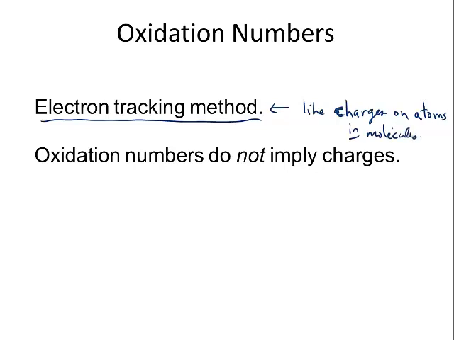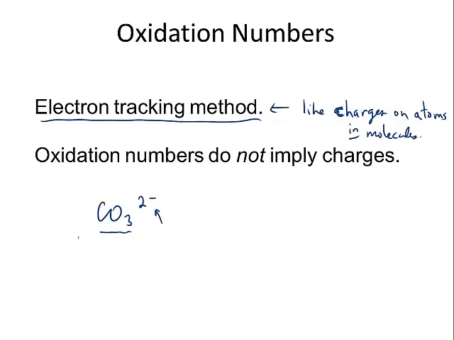So we know that we can have charges on atoms, and we know we can have charges on polyatomic things. Carbonate has a charge of 2-. We can also now have things that are like charges but aren't exactly charges on atoms inside species. So if you have carbonate, the overall charge for the CO3 group of atoms is 2-.